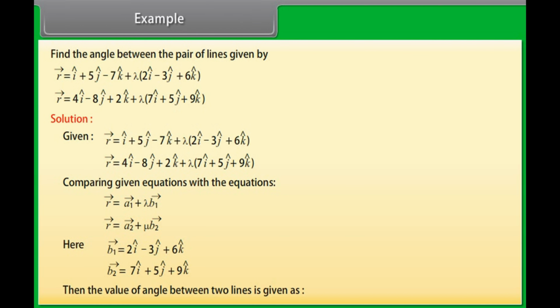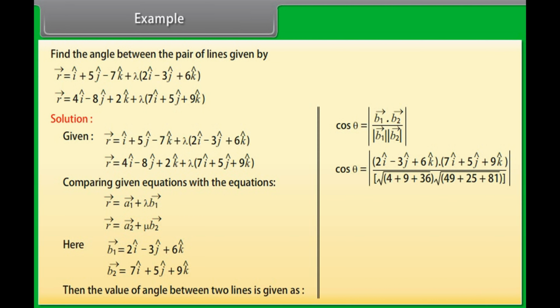Then the value of angle between two lines is given as cos theta equals modulus of (vector b1 dot vector b2) by modulus of vector b1 into modulus of vector b2. Cos theta equals modulus of the dot product of (2i minus 3j plus 6k) and (7i plus 5j plus 9k) divided by square root of (4 plus 9 plus 36) into square root of (49 plus 25 plus 81).